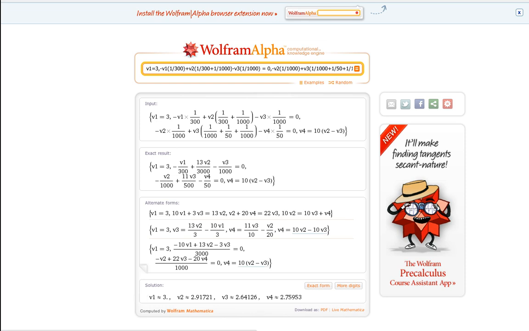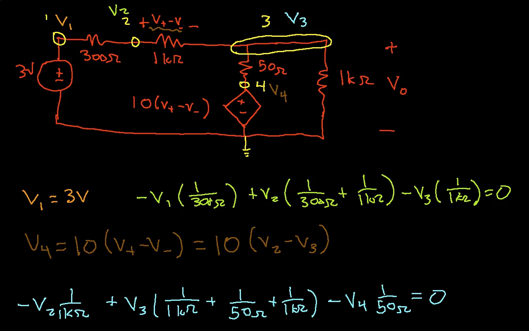So let's go back to our circuit and see what this tells us. So we had V1 was 3, which we expected. V2 was 2.92 volts. V3, which is also Vout, is 2.64 volts. And V4, which is the output of our source, was 2.76 volts.